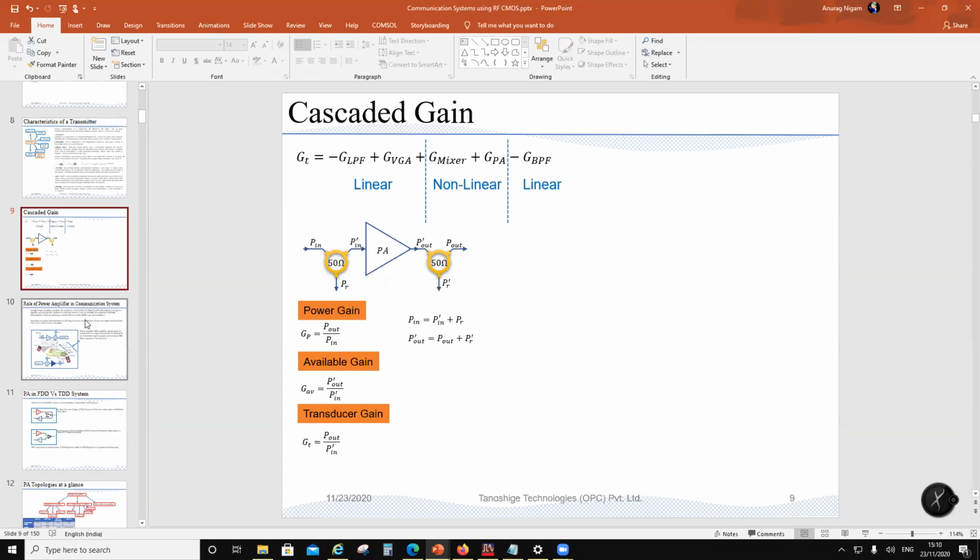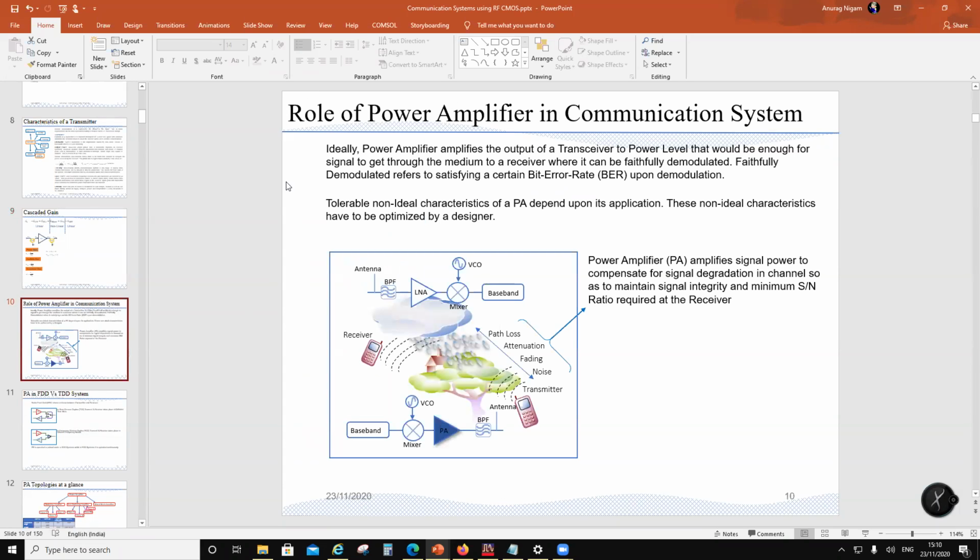Next thing is the role of a power amplifier, for example. It's an entire chain on the bottom, and then it is going to receive. So what is the signal going through? The signal is going through all kinds of losses. First of all is the path loss. Second is the attenuation. Third is the fading, in the multipath case, if they are mobile.